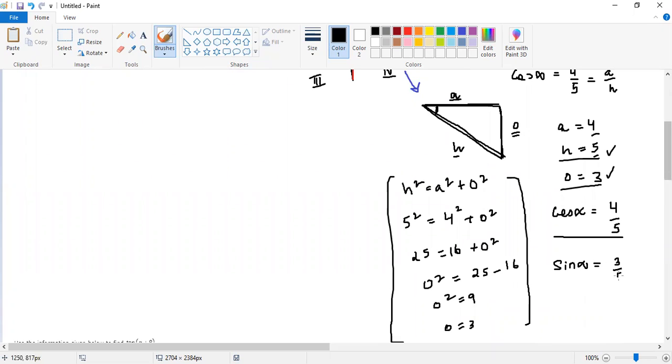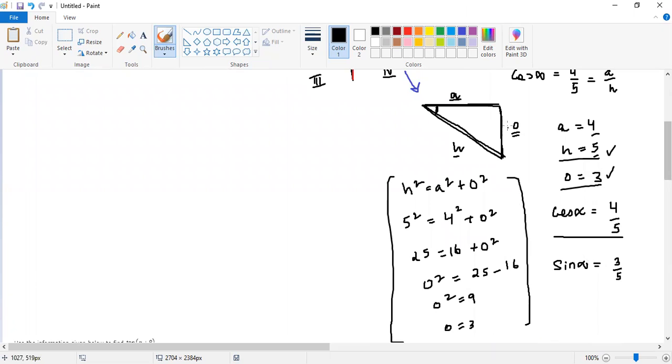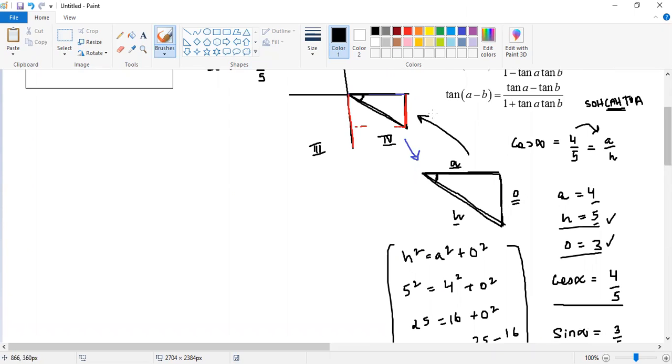Now, one thing to remember here, and I really want to stress this, is the triangle. We got this triangle from the fourth quadrant. And I told you when we started out that this side here was negative, right?